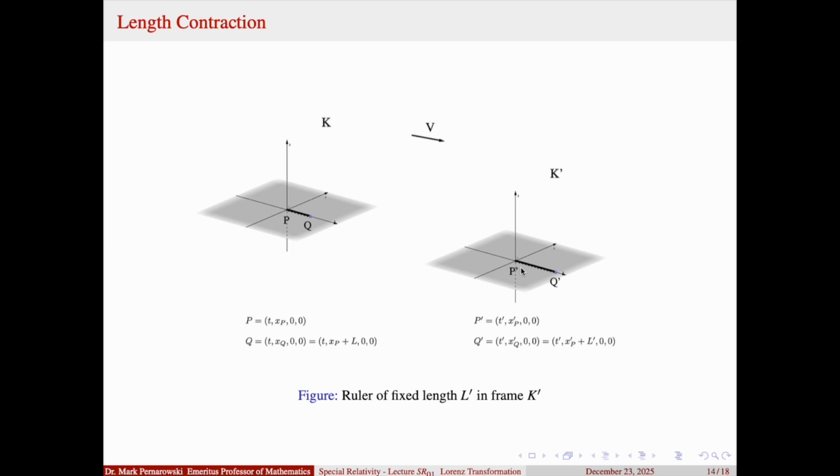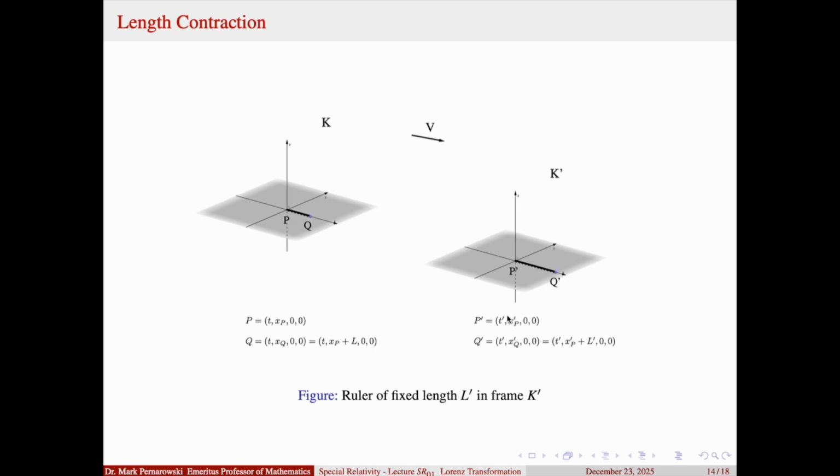So if I know where P prime is in K prime, and I know where Q prime is in K prime, I can use the inverse Lorentz transformation to find the preimage of P prime, call that P, and the preimage of Q prime, call that Q. That makes a little ruler along this x1 axis that's sliding along. We want to know what P and Q are so that we can figure out what the length over here is.